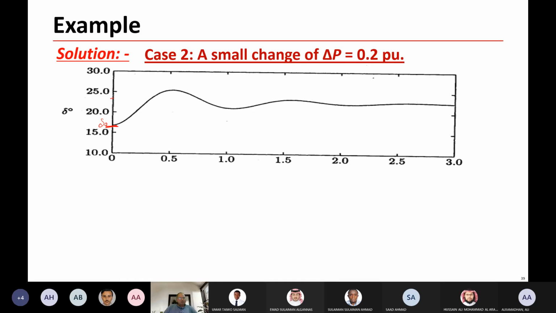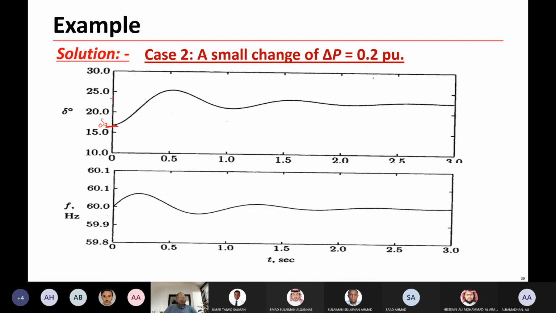So this is the angle, and we expect, of course, that when we increase the P mechanical, the delta will increase. So we start from here, but we end at a different angle, corresponding to P mechanical equal to P mechanical 0 plus 0.2.